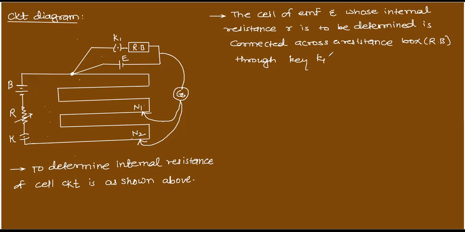Here, can you see? This is a cell which we have connected across this K1 and this resistance box.